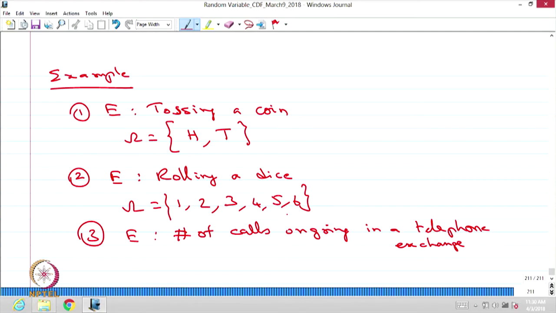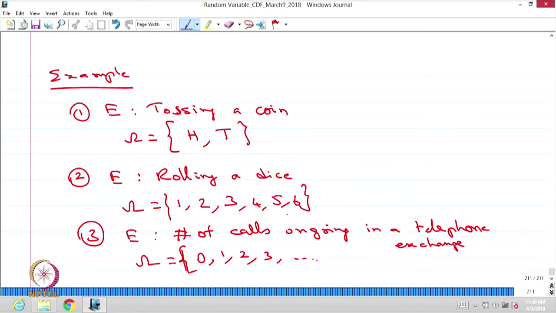For omega, all possible outcomes: there is a possibility of no calls, or only 1 call, or 2 calls, and so on.